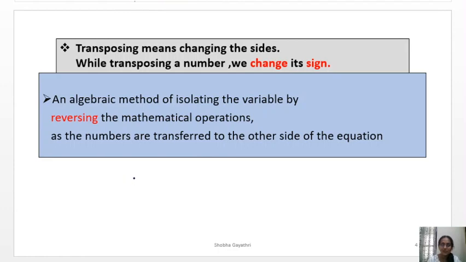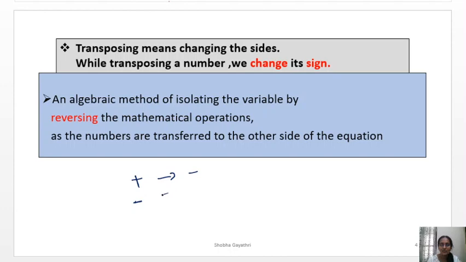Let us recollect the rules we have learned. Plus operation, the addition operation, will become minus operation when the terms are transposed in an equation. Our purpose is to find the solution of the equation, so we have to transpose the terms. While transposing, we have to follow the rule.